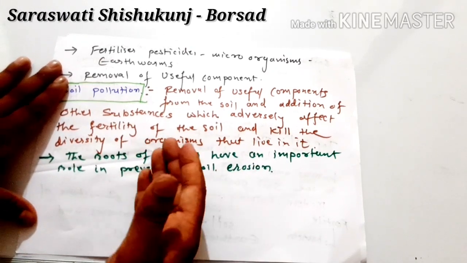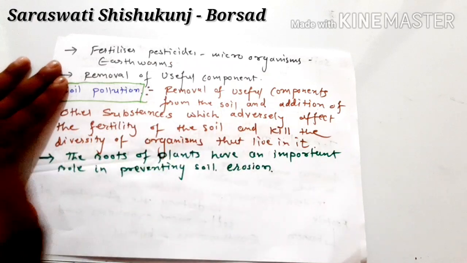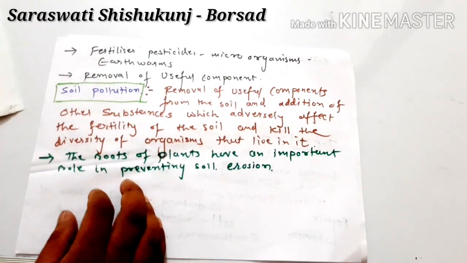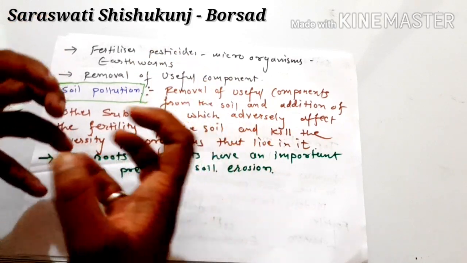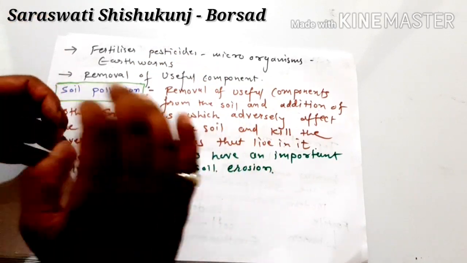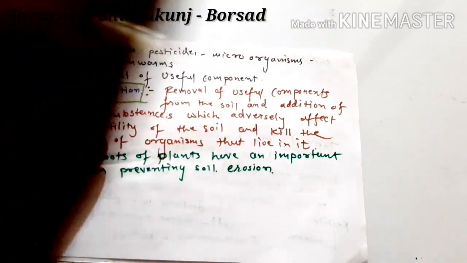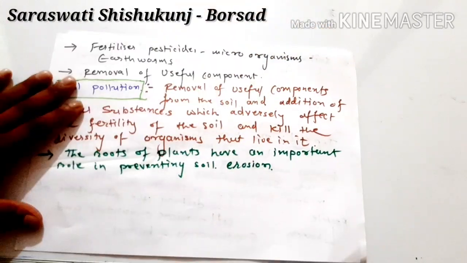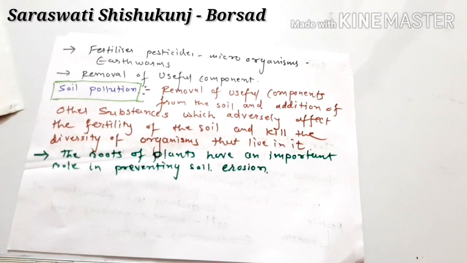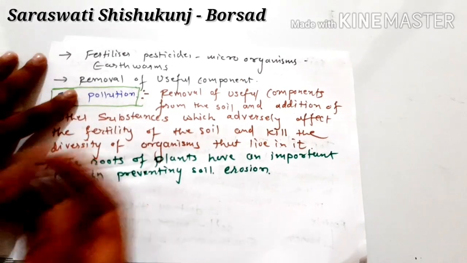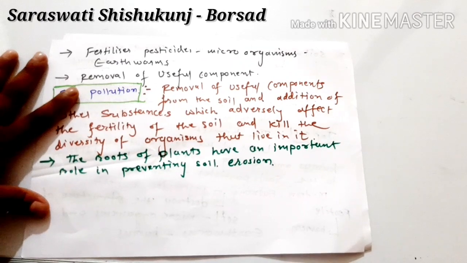First of all, soil erosion means removing the fertile layer of the soil. The roots of the plants bind the layer of soil, so it will not allow the wind or flowing water to remove the fertile layer of soil.